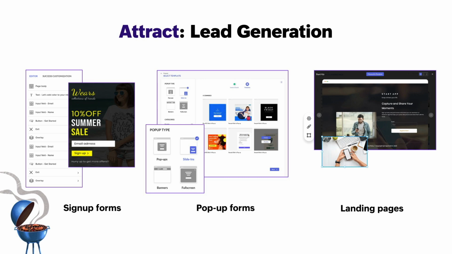Using the sign-up forms, the visitors coming to your web pages can be converted into your leads. Okay? These sign-up forms are static forms. They will be placed strategically at different places on your website, at the footer, at the left corner or the right corner. If you want to collect more information, we use the sign-up forms.